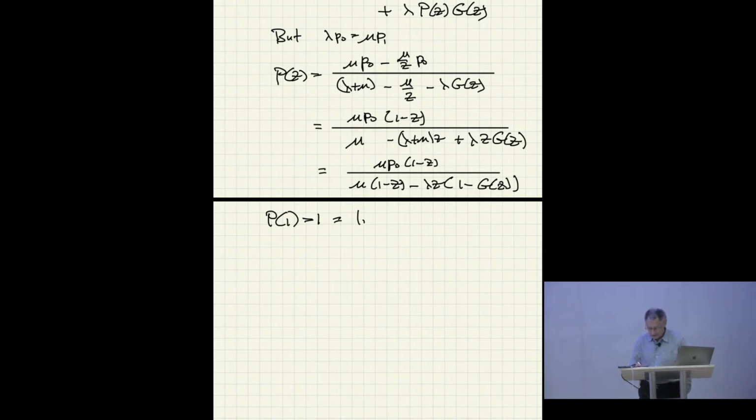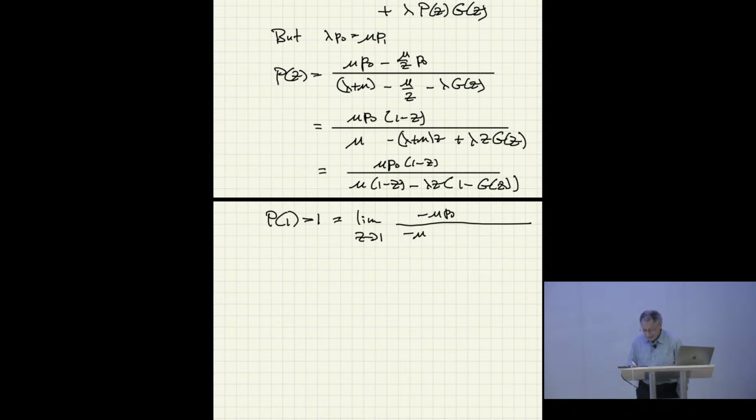That's going to be equal to the limit as z goes to 1 of, L'Hopital's is going to give me, upstairs I get a minus mu p0, and downstairs I get a minus mu, and then I'm going to get two terms here.